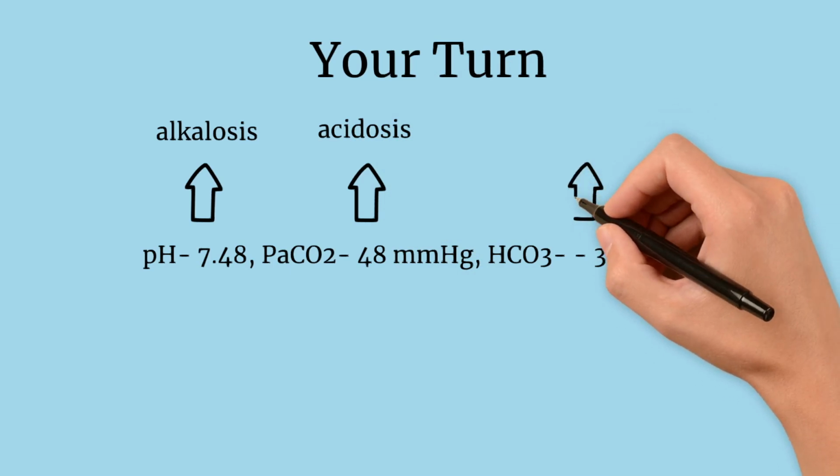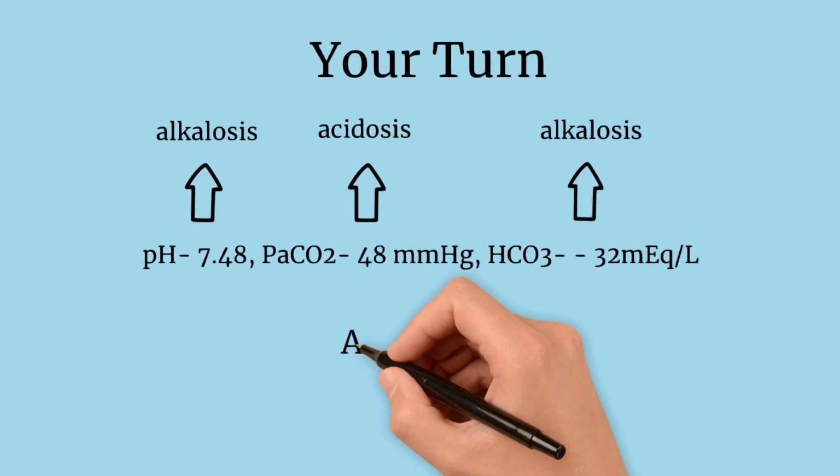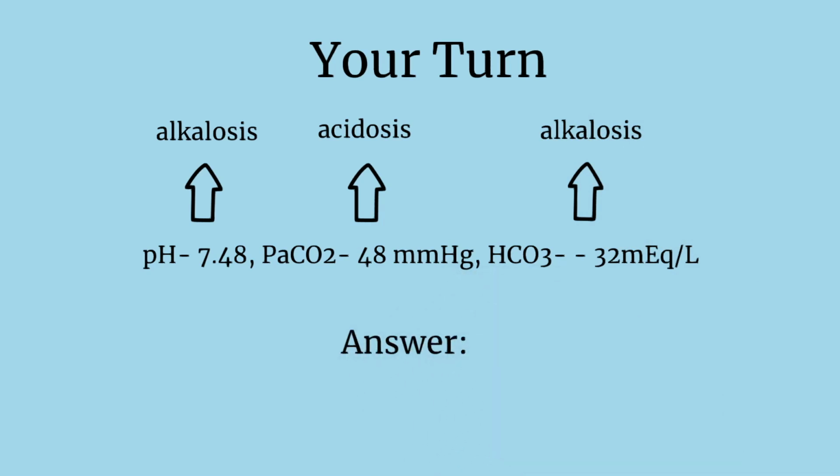Looking at this, we know our pH and our bicarb are going in the same direction. Our pH is alkalosis, meaning that we have a metabolic alkalosis happening. So our next step is trying to figure out, are we compensated or not? And this would show partial compensation. Our pH is not back to normal.